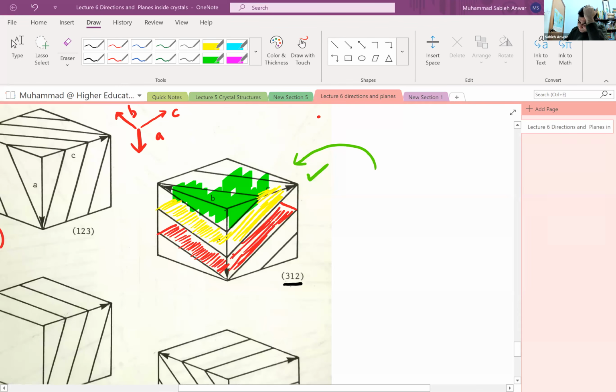All right, so if I move along X, this is my X direction, or my A direction. The plane that I'm interested in intercepts the X axis at the location 1 by 3. It intercepts the Y axis at the location 1/2.